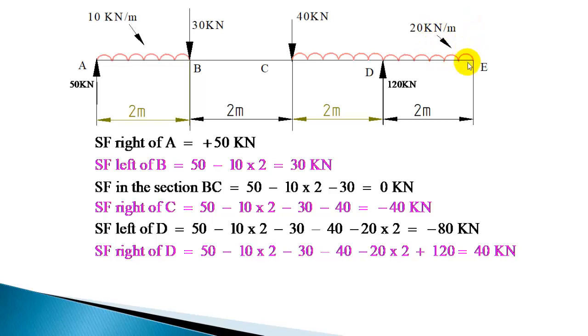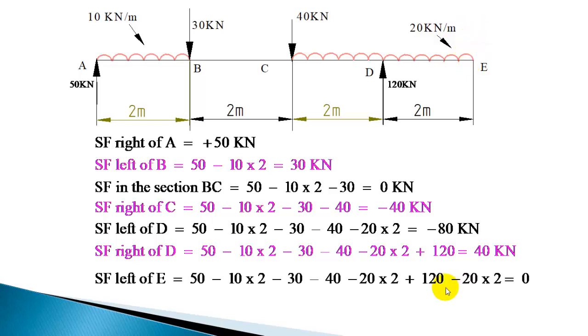Left of E you get 0, even at E it's going to be 0 because no point load here. So I am summing up from left side. So this is a section taken left of E, plus 50 minus 20 minus 30 minus 40. So I have treated this as two separate UDL. Up to here one UDL, then another UDL. That is not required.